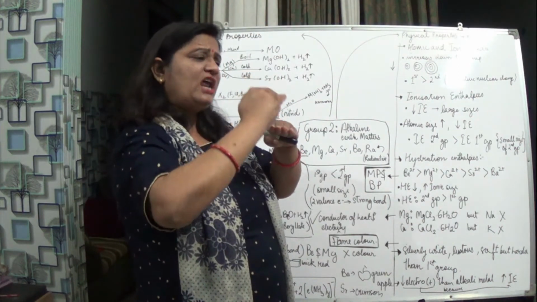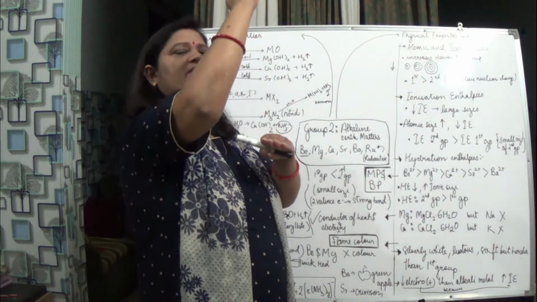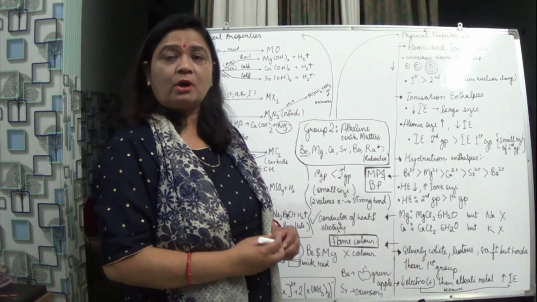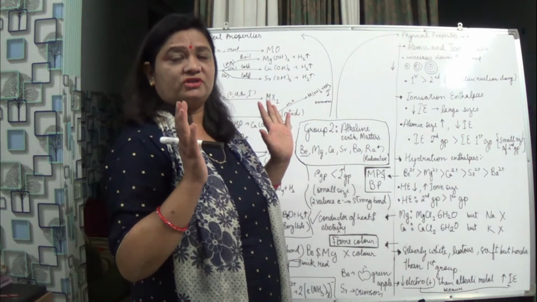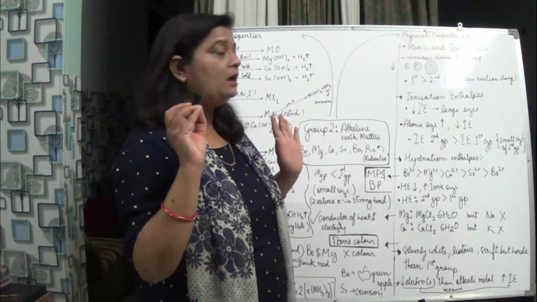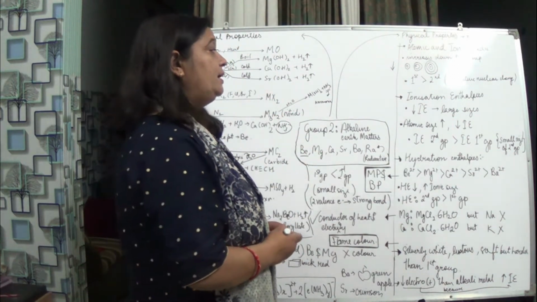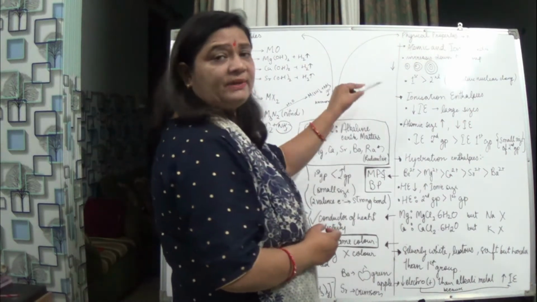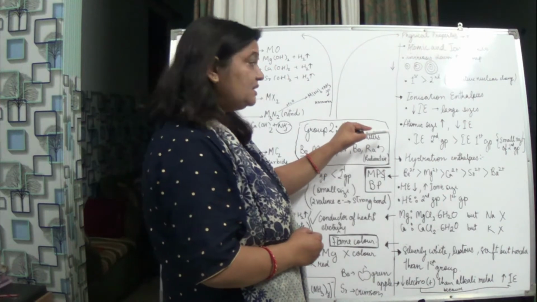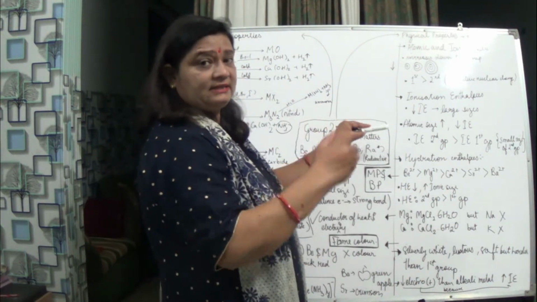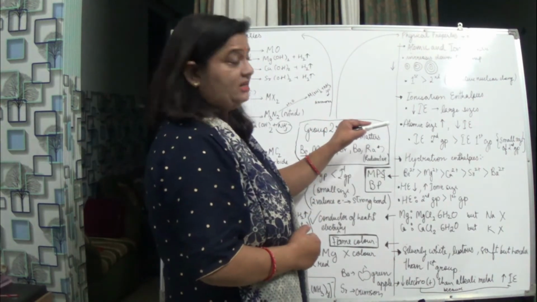So as the shell number goes on increasing, the effective nuclear charge goes on decreasing, and as a result the ionization enthalpy is lower as we go down the group. This is due to the large atomic size, and as the size increases, effective nuclear charge decreases.